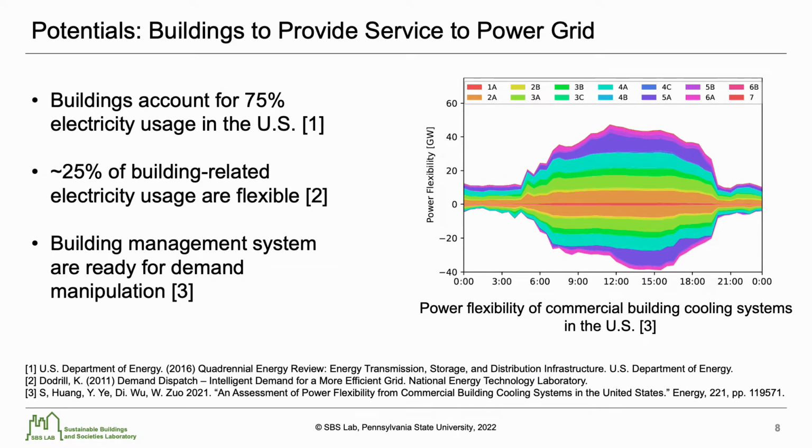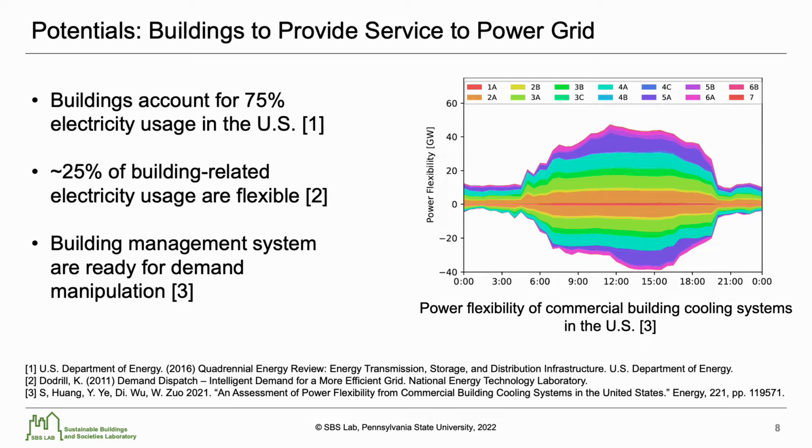To address the challenges brought by high renewable penetration, on one side, the power grid community is trying different solutions. On the other side, we can use buildings to provide service to power grids. This is because of three reasons. First, buildings are the largest user of electricity.